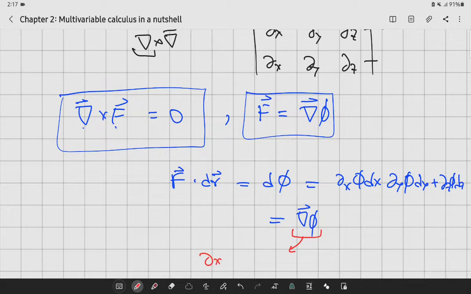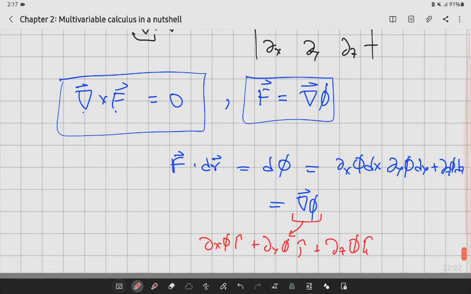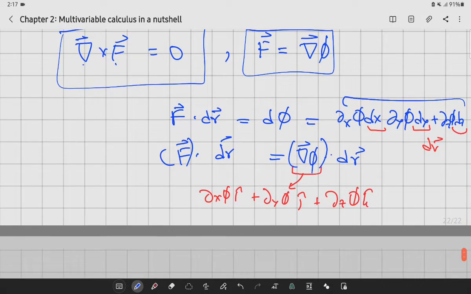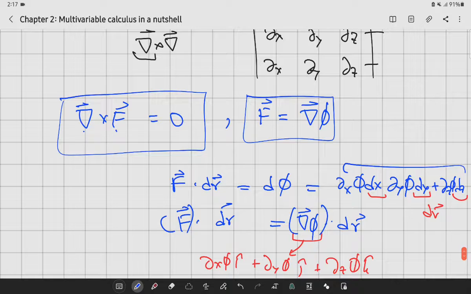This is simply partial x phi i plus partial y phi j plus partial z phi k, and dx i, dy j, dz k, that is nothing but dr. So this quantity here is simply d phi, the gradient of phi dotted with dr, and this is nothing but f dot dr. So you can see that f equals gradient of phi, dotted with dr. So again, this is a statement of being conservative.